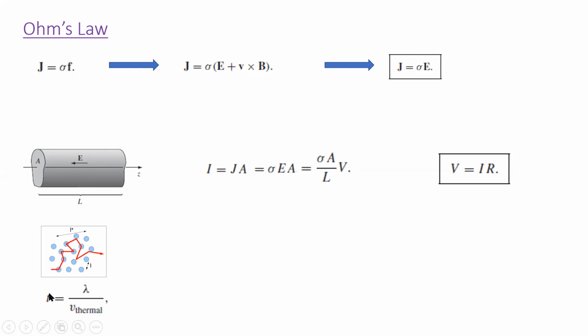We can define the typical time between these collisions as the average distance between collisions, which is called the mean free path, over the velocity associated with the thermal motion of the electrons. Okay, because we know that electrons move thermally.